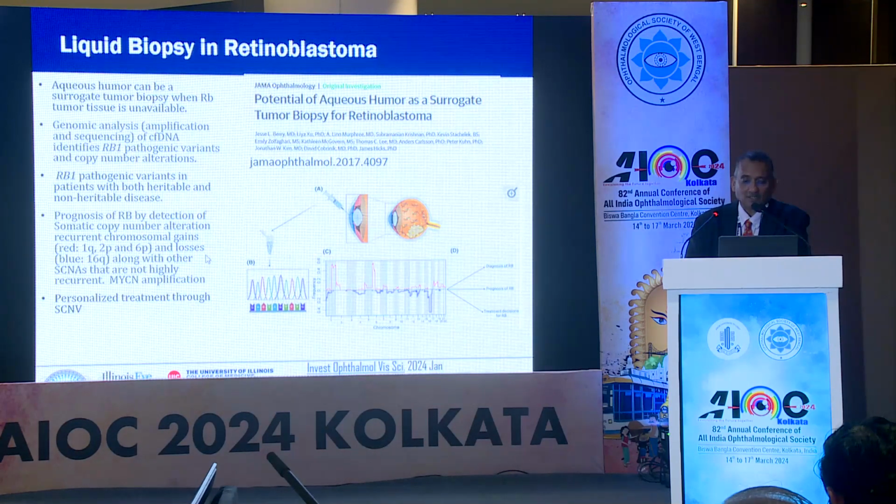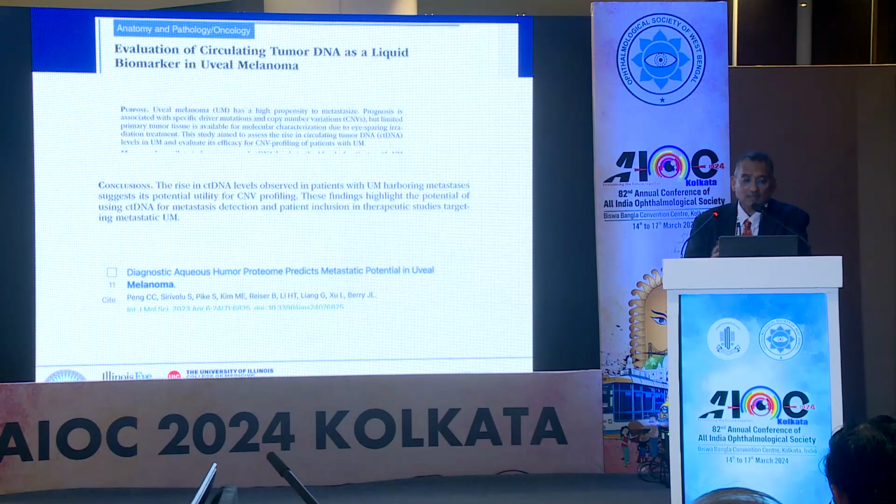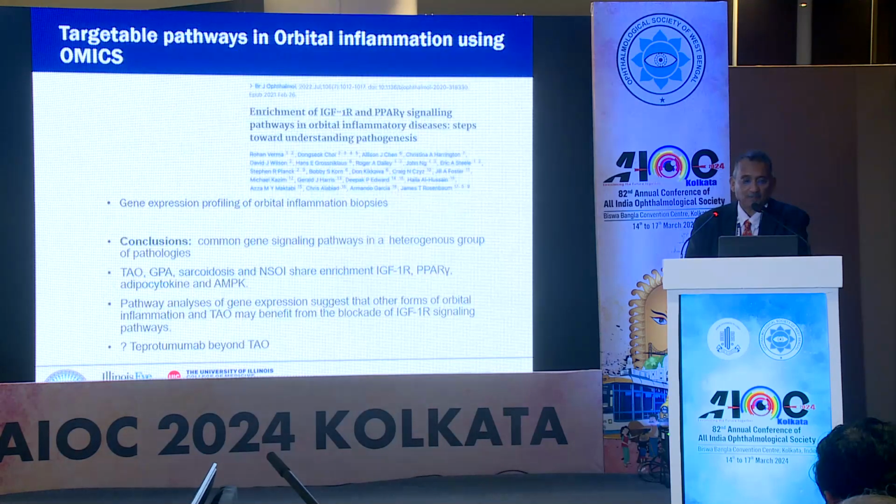Based on just an aqueous humor tap and gene sequencing on cell-free DNA, you can really personalize the treatment of retinoblastoma patients. A similar approach has been recently published for uveal melanomas, where you have circulating tumor DNA. You can identify it, and patients who have it are at a high risk of developing metastatic disease.